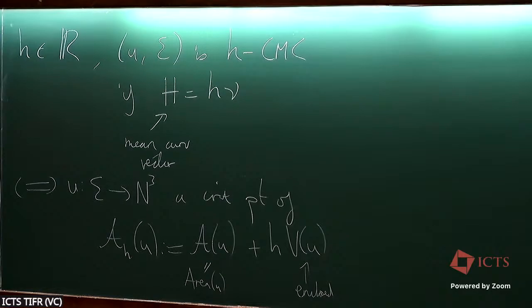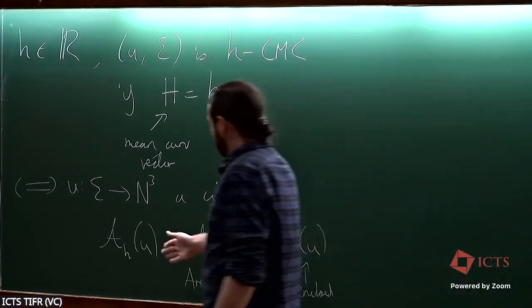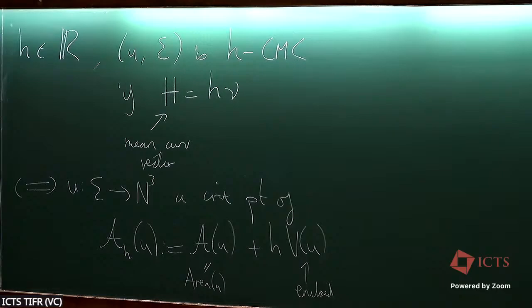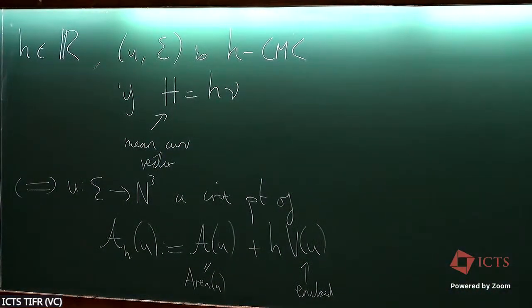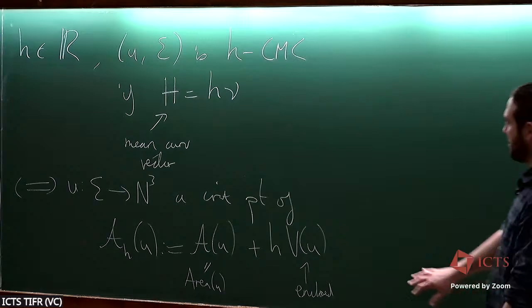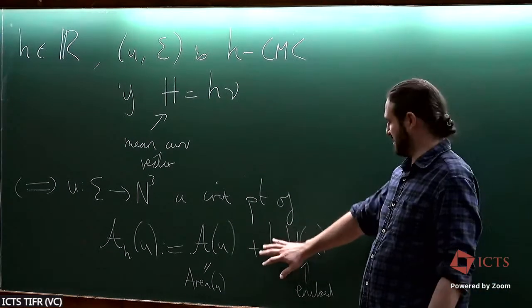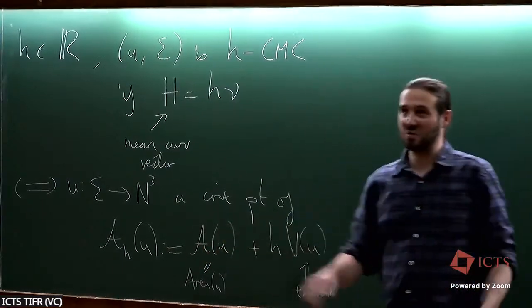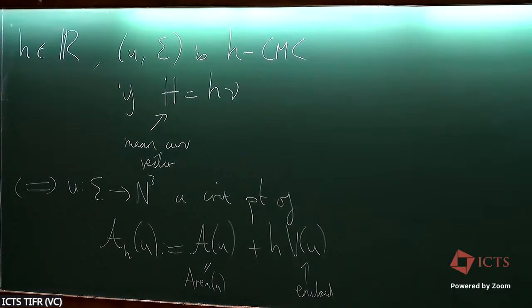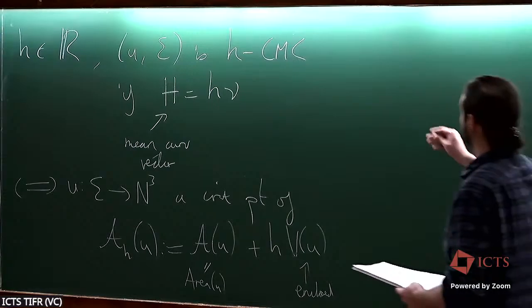If you like, you can think of the enclosed volume as relative to your initial surface. So if you wobble your initial surface, there's some volume captured in between your initial one and your slightly perturbed one. If you like, that can be the volume functional. Another way of saying it is that u is a critical point of area as long as I fix the enclosed volume. This is the Lagrange multiplier perspective. Okay, so far, I don't think I'll have lost anyone yet.